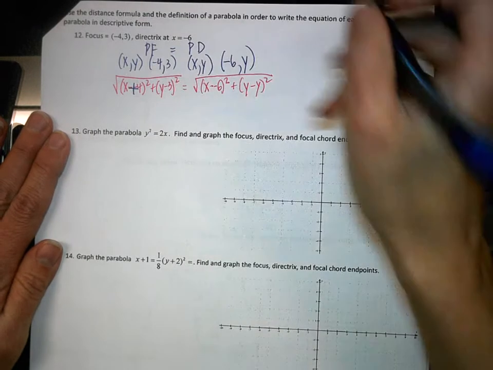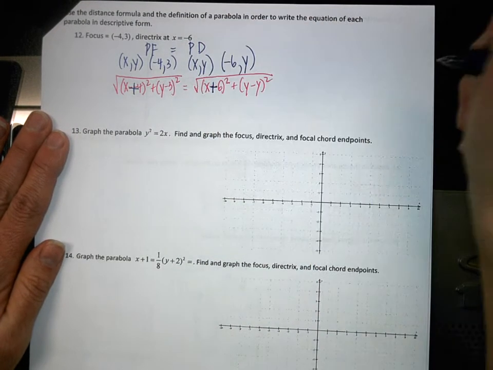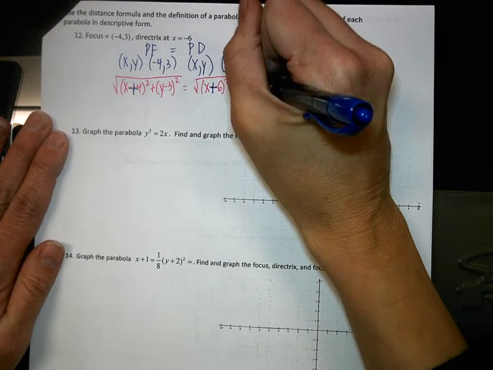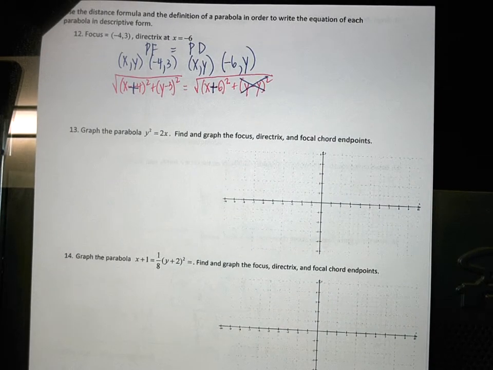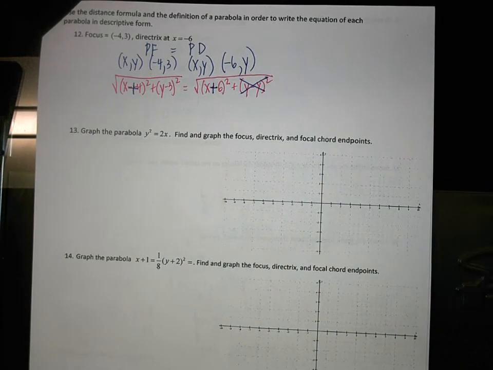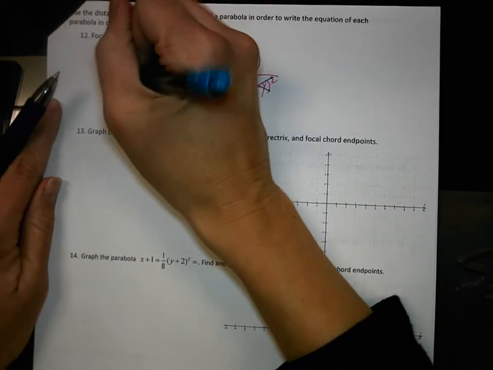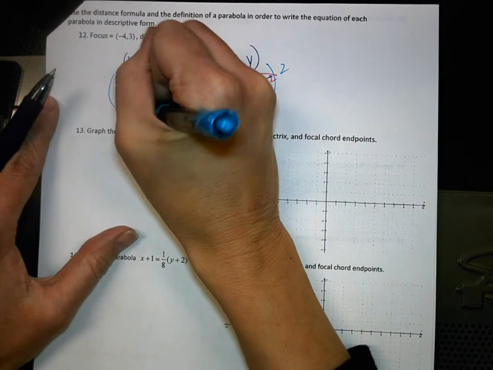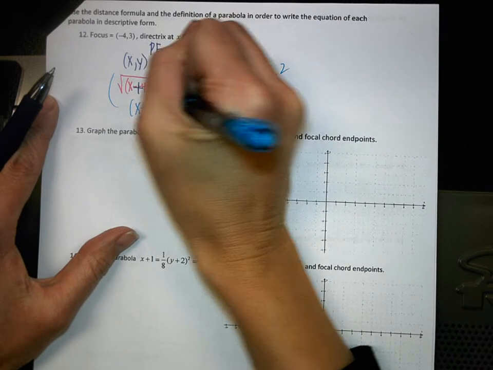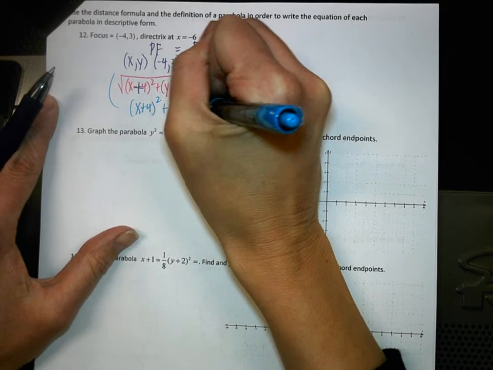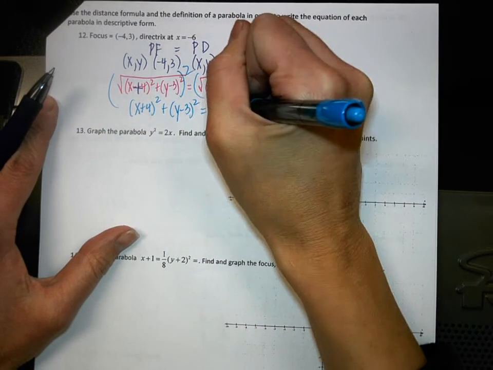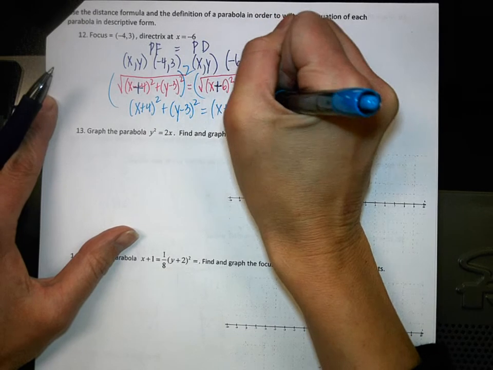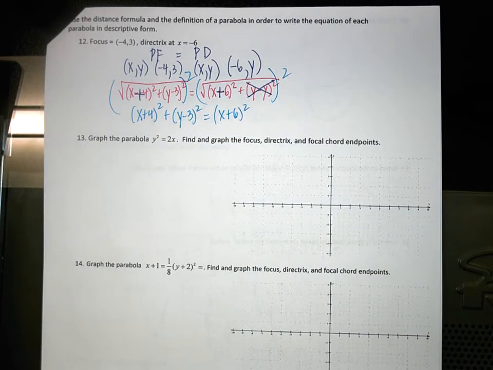Over here 2 negatives make a positive. And here y minus y cancels out, and that is a 0. Next, in order to eliminate the roots, we would square both sides. So I'm going to go ahead and square both sides. When I do that, I end up with (x plus 4) squared plus (y minus 3) squared equals (x plus 6) squared.